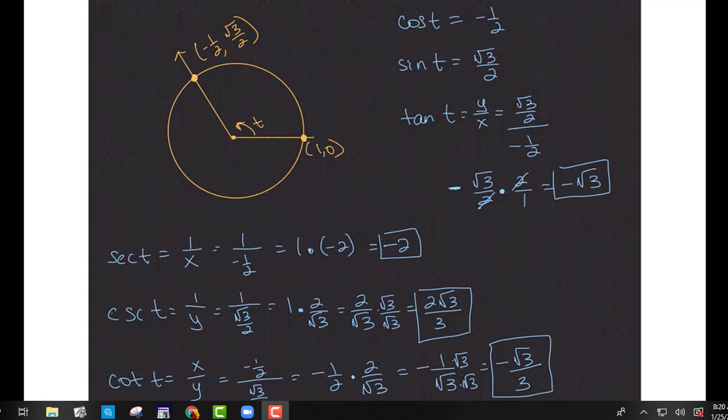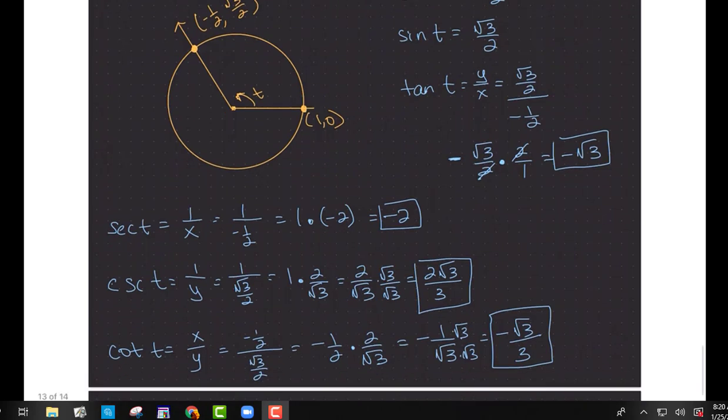So then you found all 6 trigonometric functions for angle t. The only other way they might give you these is they're going to ask you to find out what it is if they leave it in radians. So let's say they gave you just the sine of pi over 6.